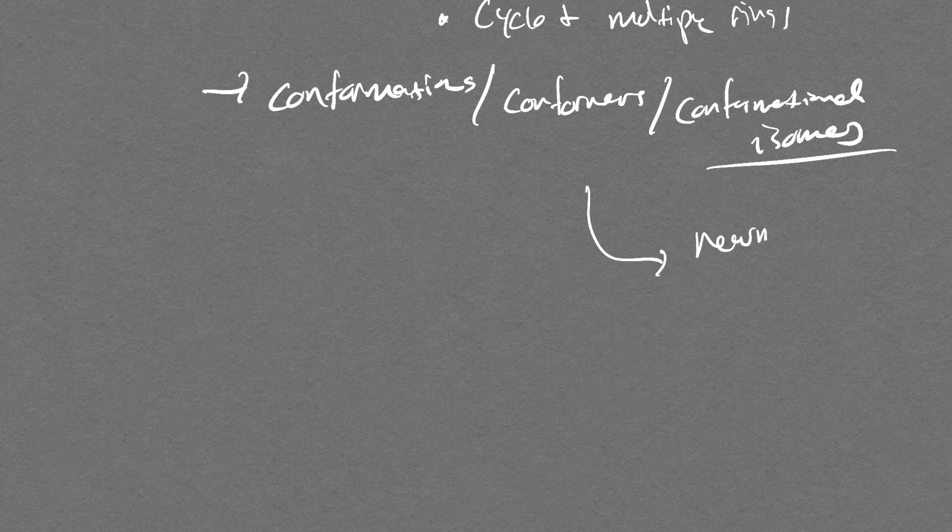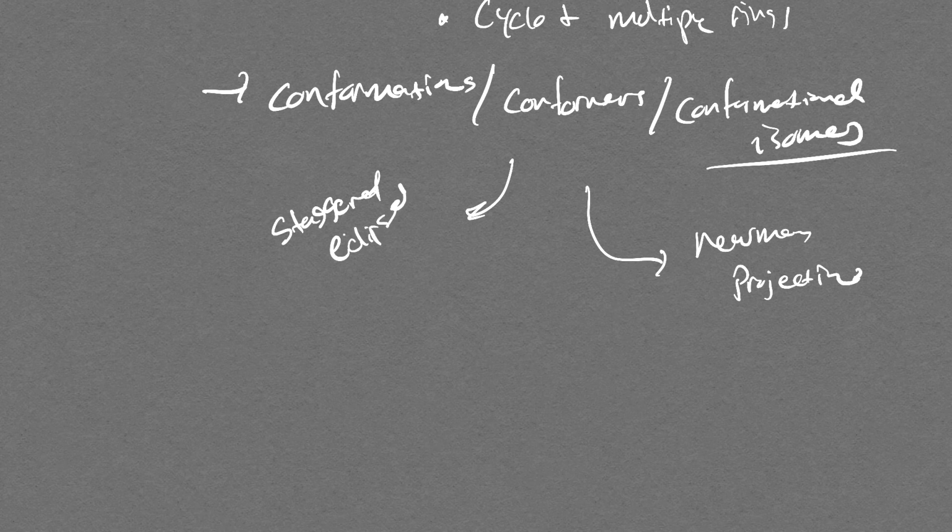We learned Newman projections. And we learned about, of course, the staggered and eclipsed, which we already knew a little bit from before. We got from ethane's rotation, propane, and then, of course, the more complicated butane cycling.